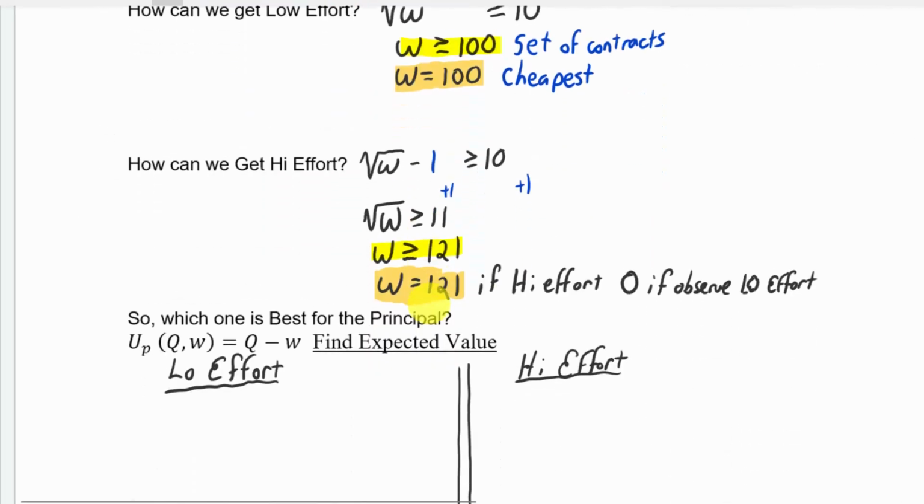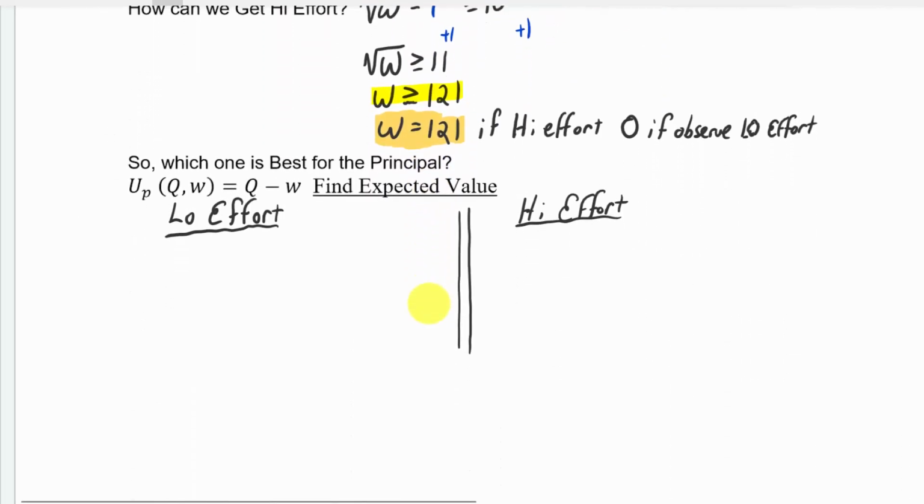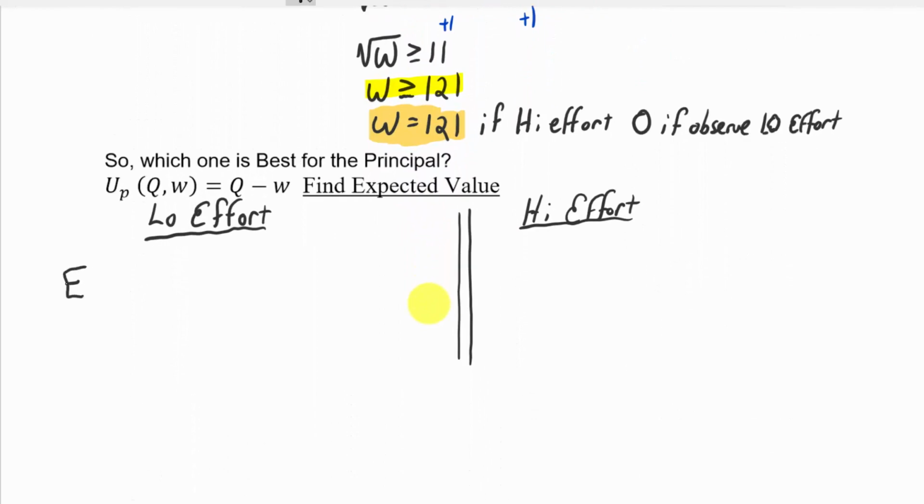So let's set up that expected value problem down here. So the expected value of output minus wage, let's just focus on the expected value of the output here to start, is going to be a 1/3 chance that we get the 400, plus there's a 2/3 chance that we get the 100. So what's our expected value of output?